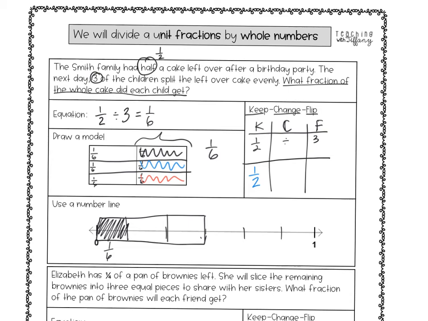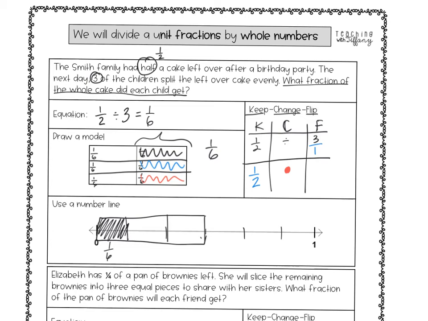And then we change our division to multiplication. And we take our 3 and we write its reciprocal. And before you say there's nothing to flip, remember that a whole number can just be written as 3/1.